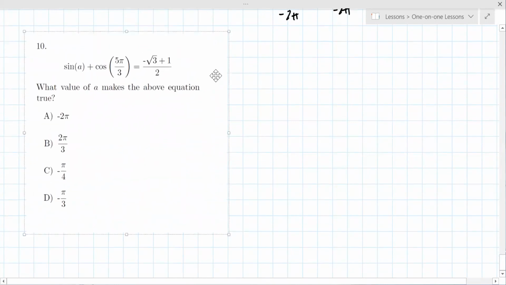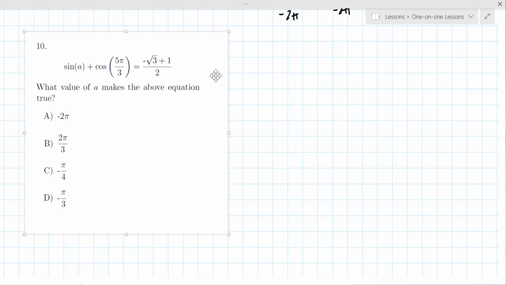Give yourself a minute or two and see if you can work through that. Cosine 5 pi over 3, which is really, where's 5 pi over 3? Oh, it's 300 degrees. So it's really 2 pi over 3.